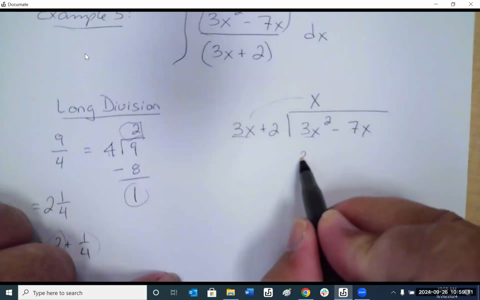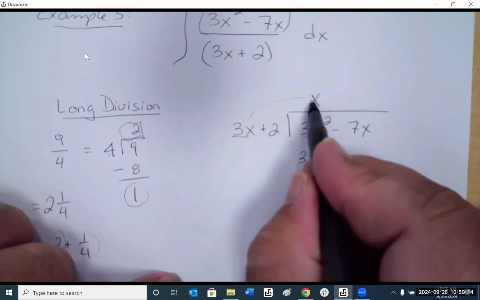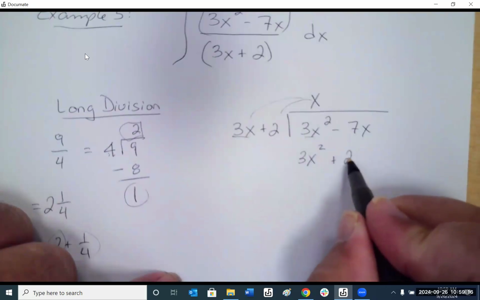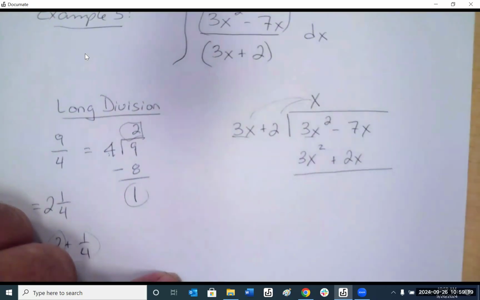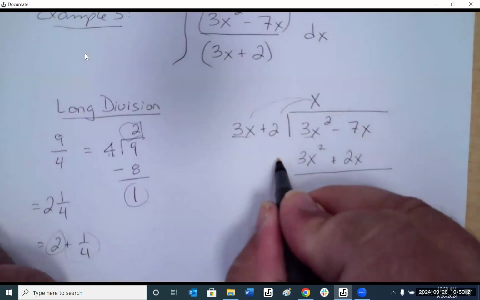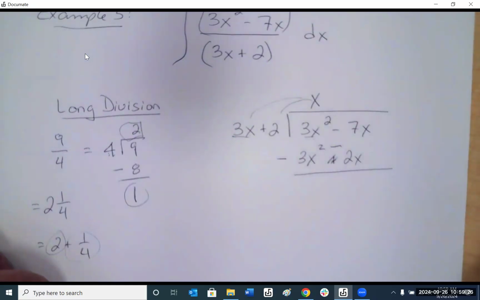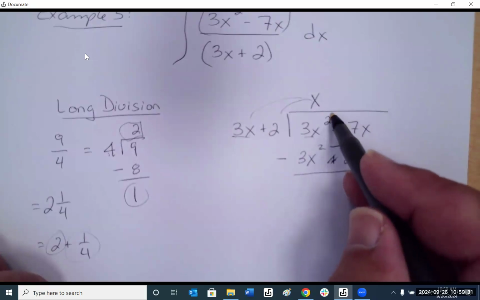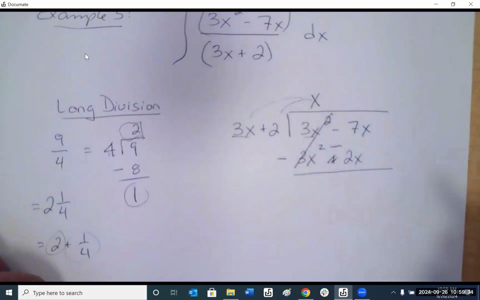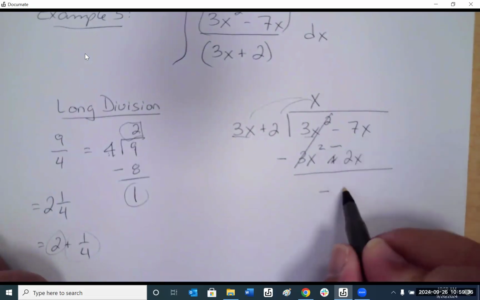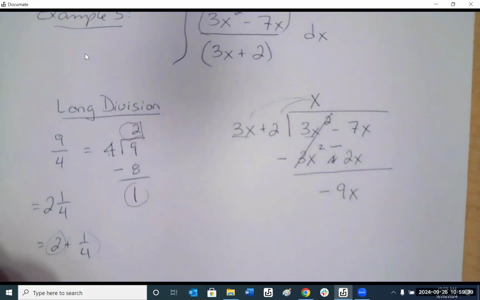X times 3x is 3x squared. X times 2 is positive 2x. Change the sign. Because we're subtracting them, change the signs. And now add. The first term should always cancel. So now we have negative 9x. Can we go any further?